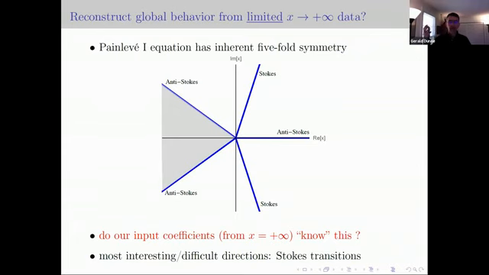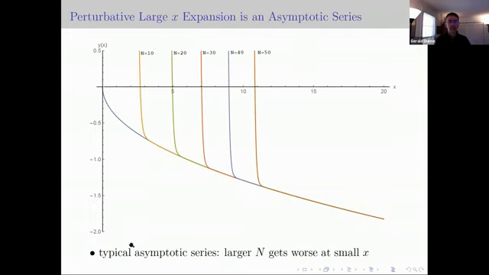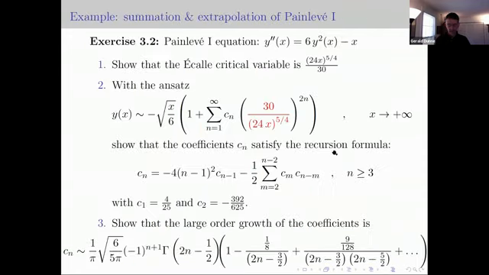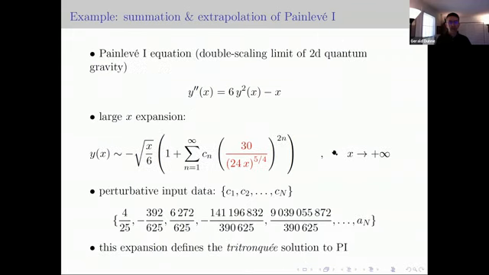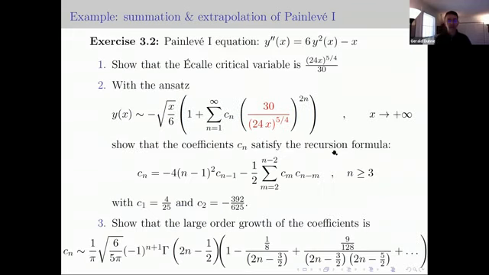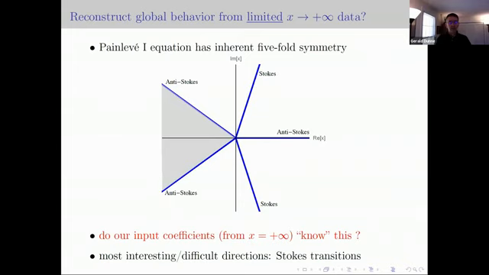And the question I'd like to ask is, forget about the differential equation now. If you just gave me the coefficients from this expansion, just gave me those numbers, and maybe you're testing me and only giving me 10 of those numbers, would the expansion actually know anything about this?